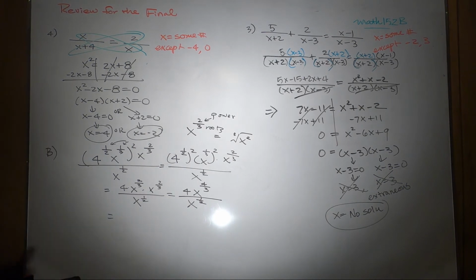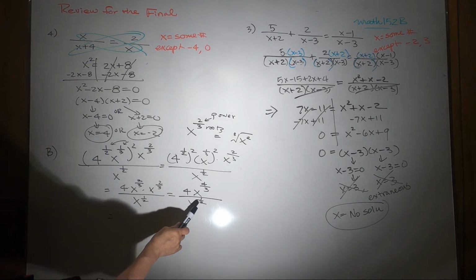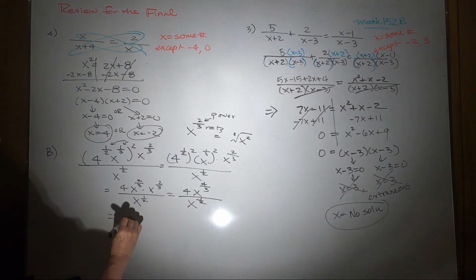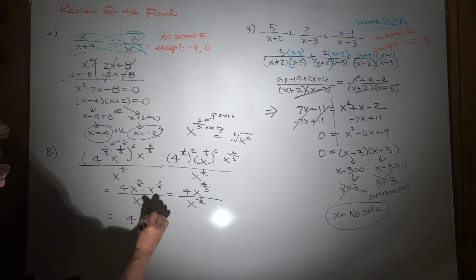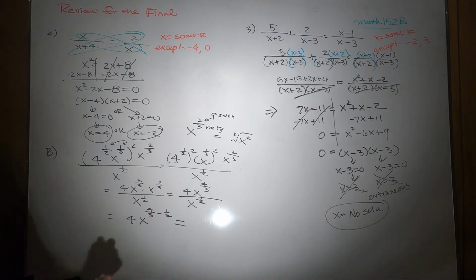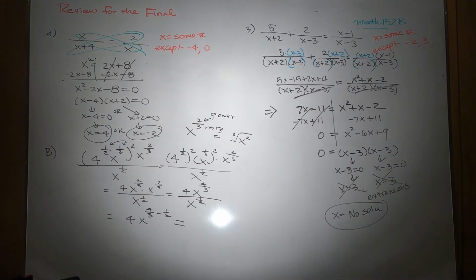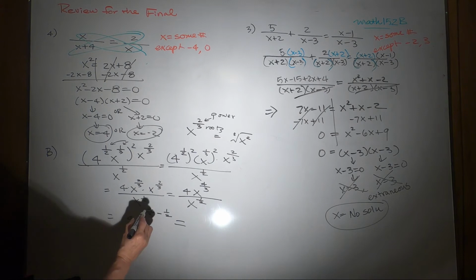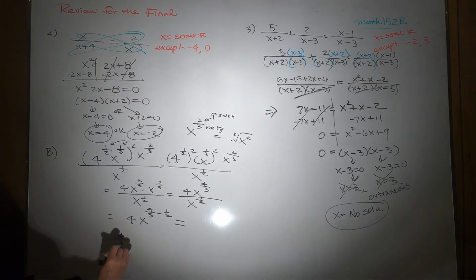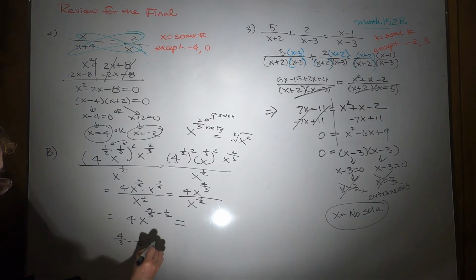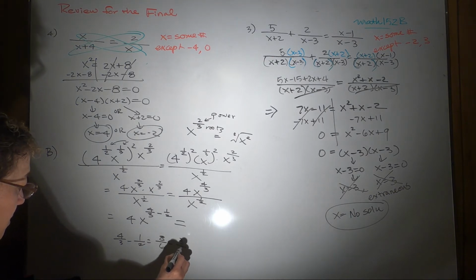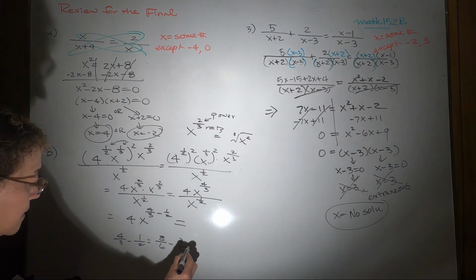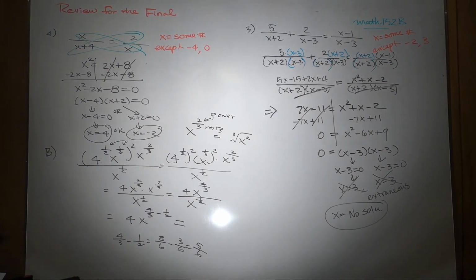Then that's a product rule. If they do divide, we do what? Quotient rule. So that would be 4x to the 4/3 minus half, right? So 4/3 minus half would be 8/6 minus 3/6. That would be what? 5/6, right?